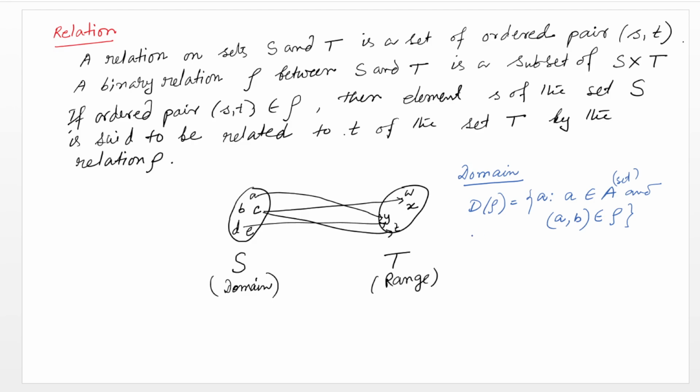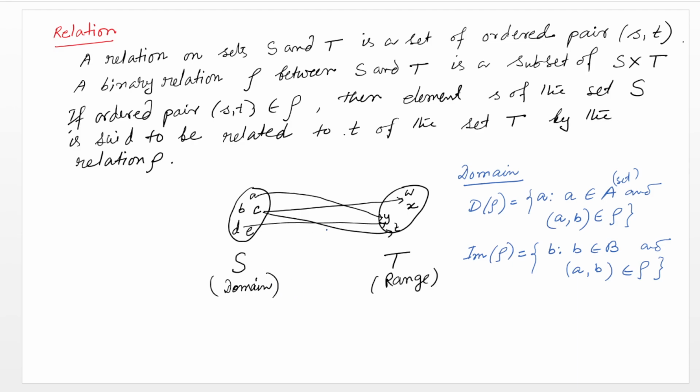Similarly, we can define the image, or we can say the range. The image of the relation rho can be defined as b such that b belongs to B and (a, b) belongs to the relation rho. Clear? So this is the domain and this is its image.